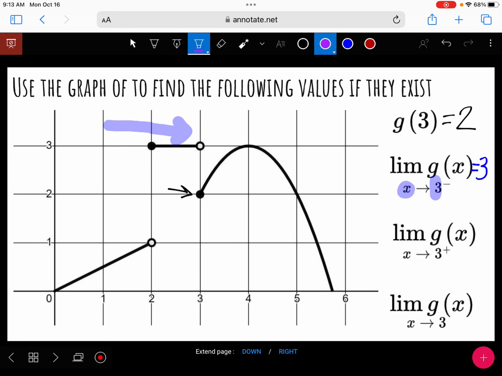So the limit as x approaches 3 from the right, as my x approaches 3 from the right, 2. Give myself no space to write on here. So just in general then, what is it approaching when it approaches 3?